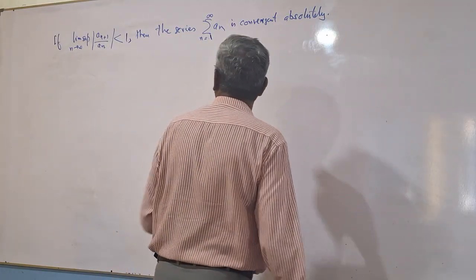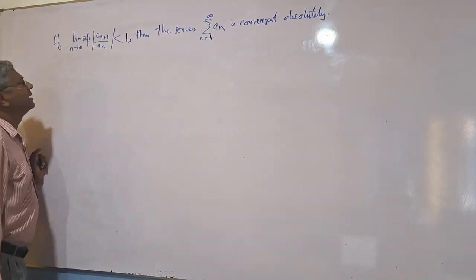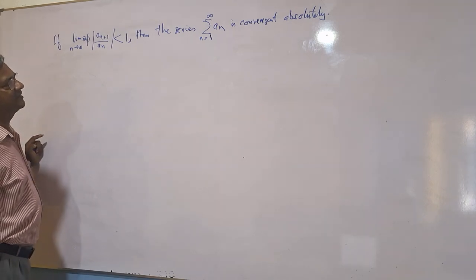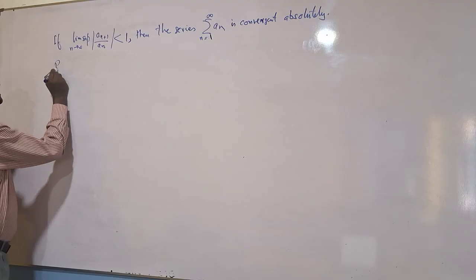For the root test, we proved that if the nth root of the absolute value of a_n is less than 1, then the series is convergent absolutely, so they are parallel.